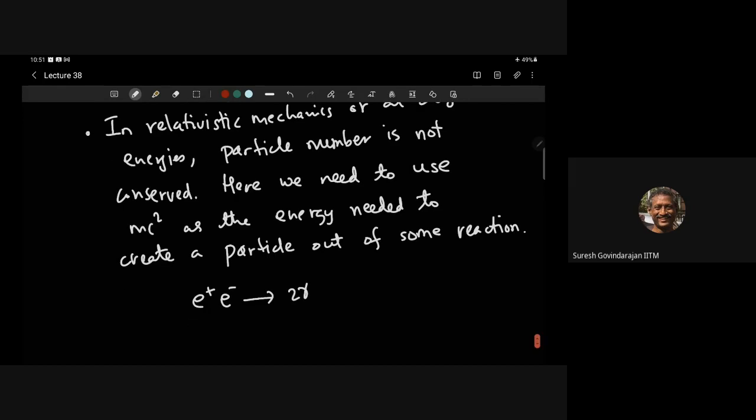But if you look at this system, the smallest energy that is possible, the energy here should be greater than or equal to 2 m_e c square. So whatever photons you get here, their total energy better be at least greater than 2 m_e c square. Is this point clear?